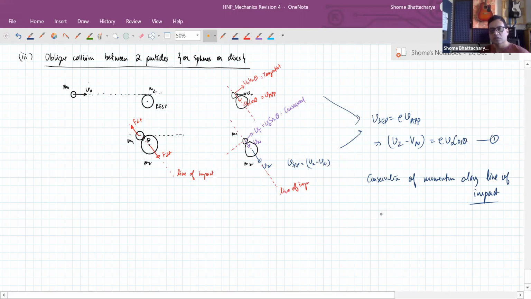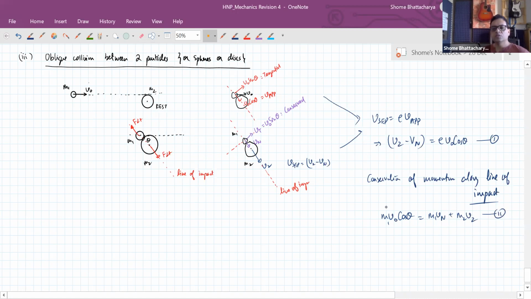Here it was m1 v naught cos theta initially, and here it is becoming m1 v normal plus m2 v2.